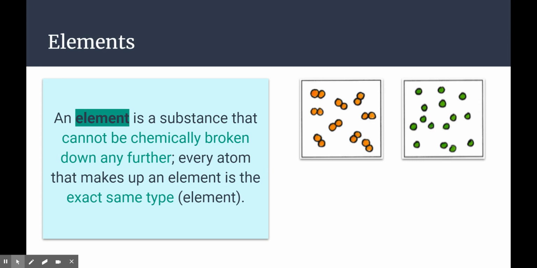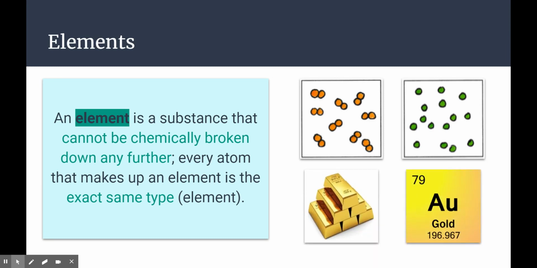All elements can be found on the periodic table. So another example would be pure gold. If gold is pure, that means every single atom that makes it up is a gold atom, and gold is on the periodic table. If you're looking at an example of something that's on the periodic table, it will almost certainly be classified as an element.